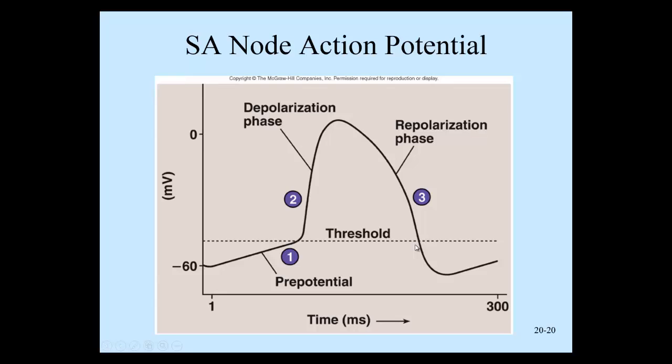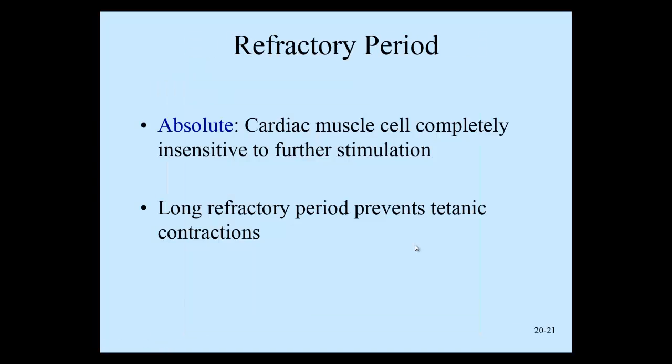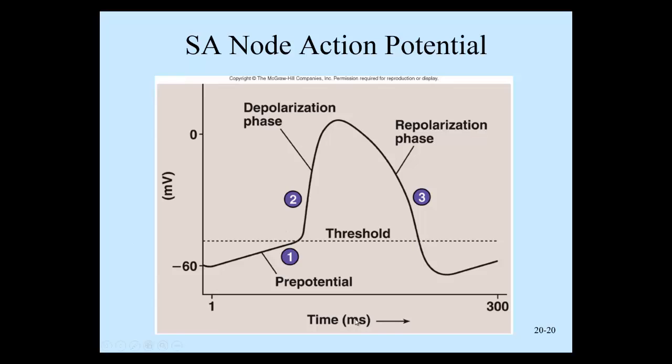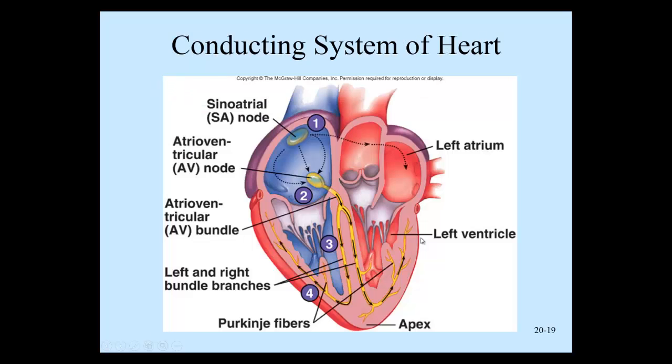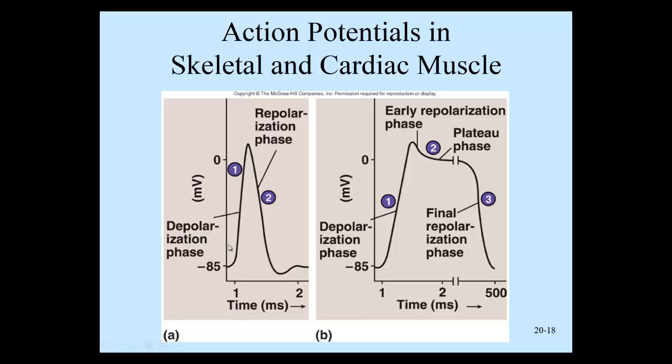So what happens is we have a longer refractory period in these cells of the conduction pathway. If you notice how wide this action potential is here, it takes a lot longer for this to occur than the other. For example, if you look at the skeletal muscle, very narrow, very fast action potential. This one's a little bit longer, and the pacemaker's a little bit longer yet.